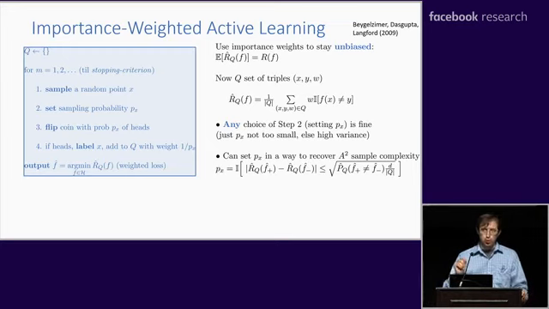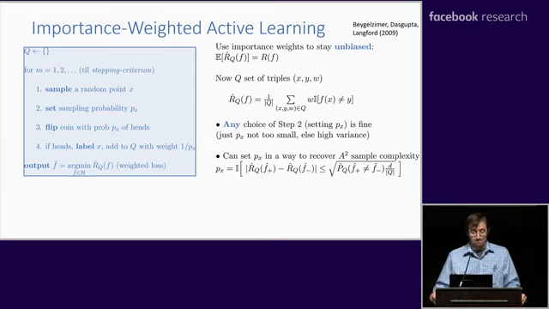You don't want to set them too small, because there are some issues with variance and so on. But basically any choice of setting these p sub x probabilities is fine. Maybe just don't make it too small. And that gives you some flexibility to plug in various ideas, various heuristics for designing active learning algorithms.